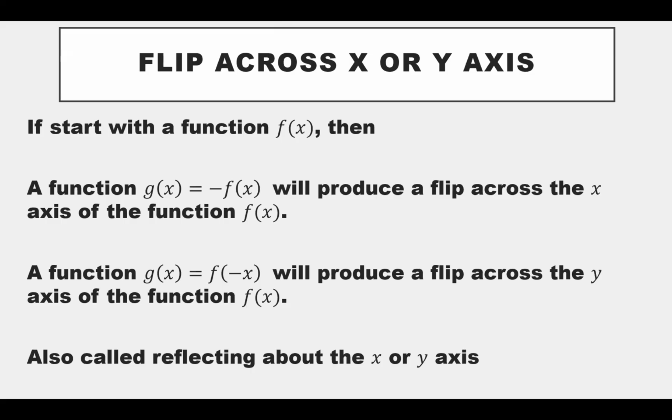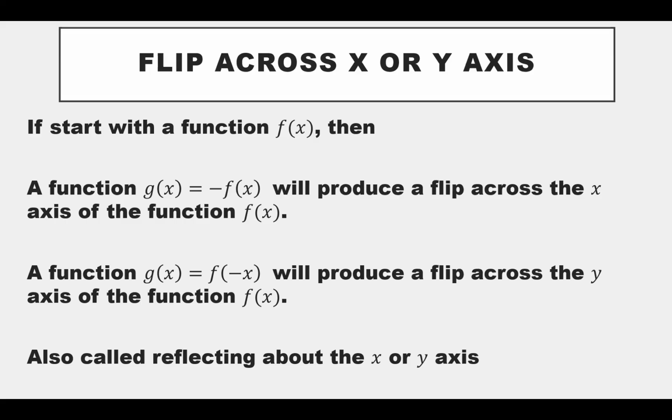When we were stretching horizontally and vertically, we forced the number out in front to be a positive number, if you recall. The A we used was forced to be positive. Well, what if we put a negative out in front of a function? Or what if we put a negative in the argument of our function?